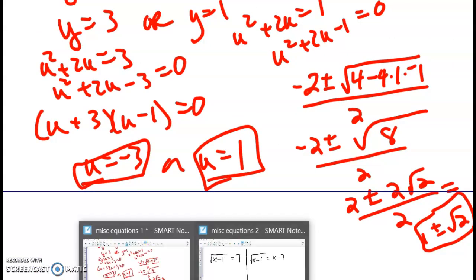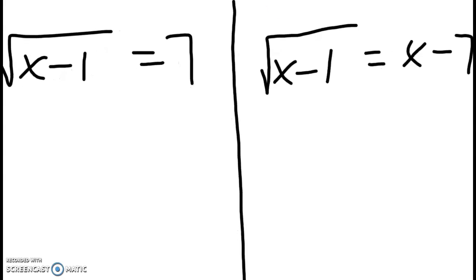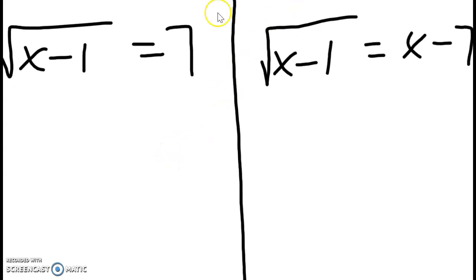All right, so those are kind of strange. Here's a different type of miscellaneous problem. This is a miscellaneous problem in that it has square roots in it. I don't think this is as big a deal as that first one. When I have the square root of something, to undo it, I square the entire side.